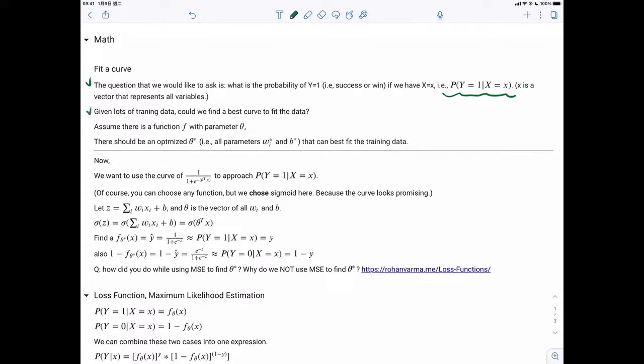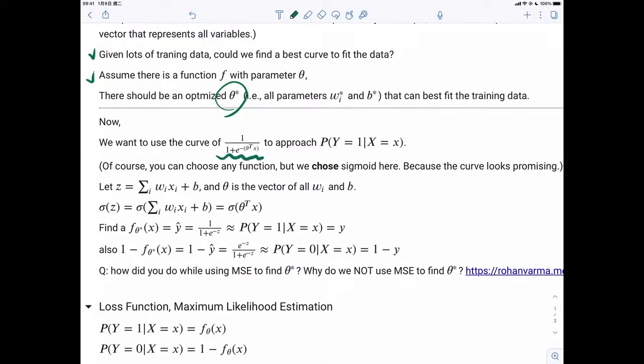Given the training data, could we find the best curve? Assume there's a function with parameter theta. So there should be an optimized theta star, which all the parameters including W star and B star, or A star, B star, or theta star, B star, which is okay. The curve looks like this.